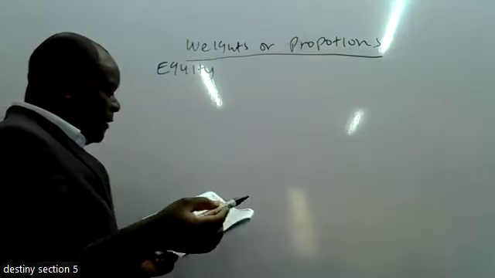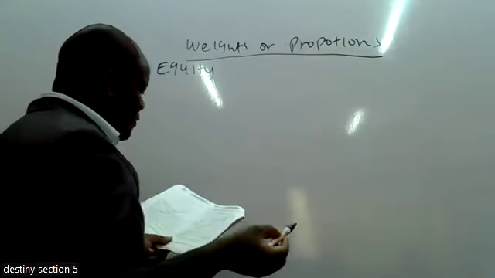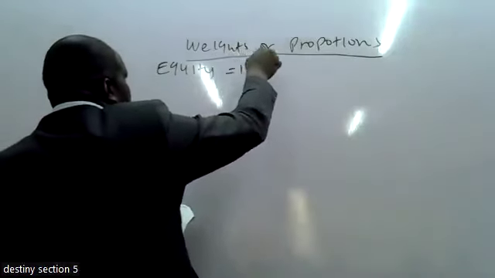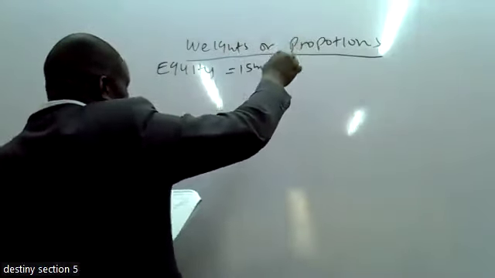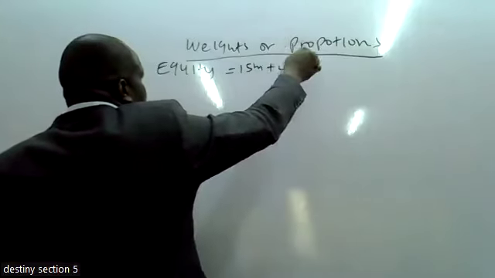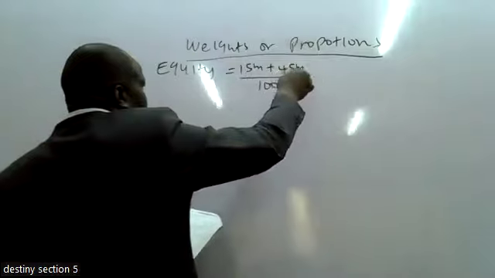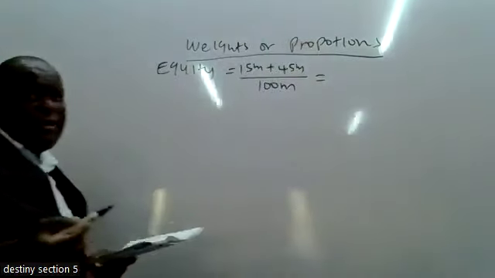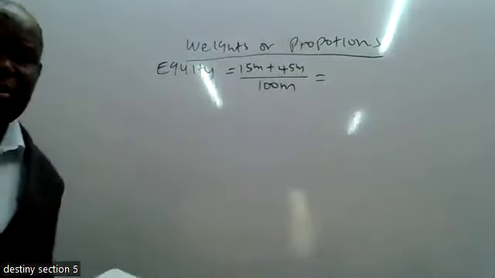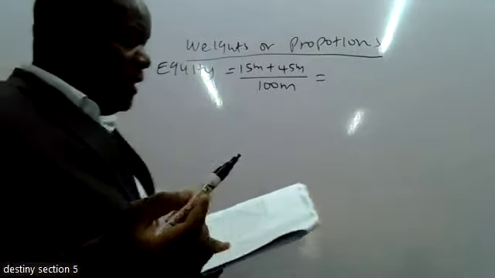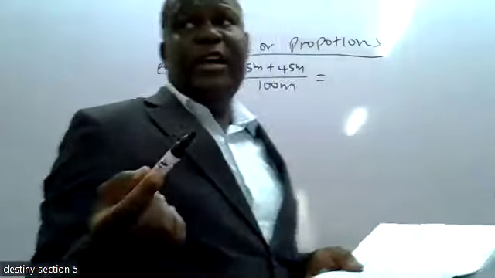Equity has 2 items there, reserves and ordinary shares. Reserve is 15 million. Ordinary share, you can see 45 million. Then divide by the total, you can see the total is 100. So that will be the weight or the proportion for equity. So equity has 2 components there, the reserves and the ordinary share capital.